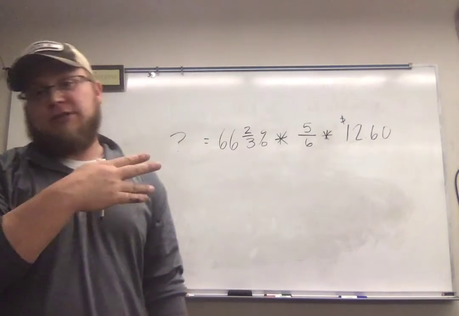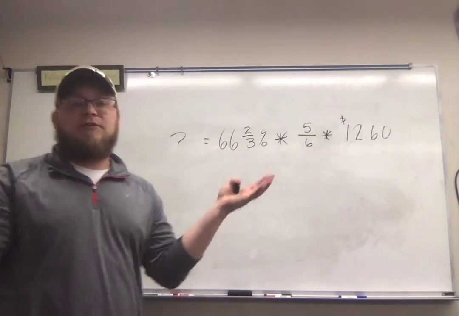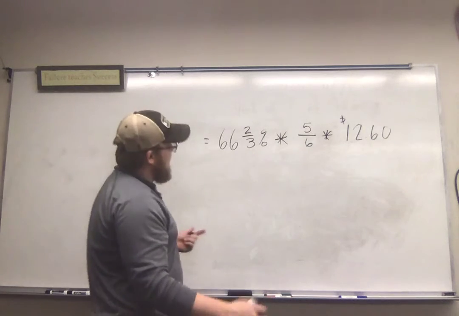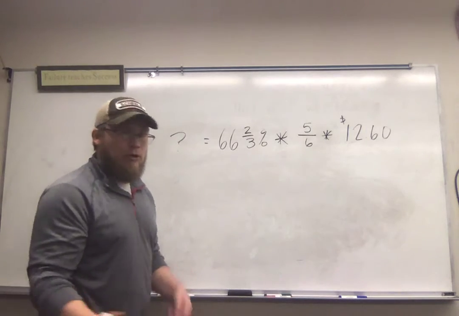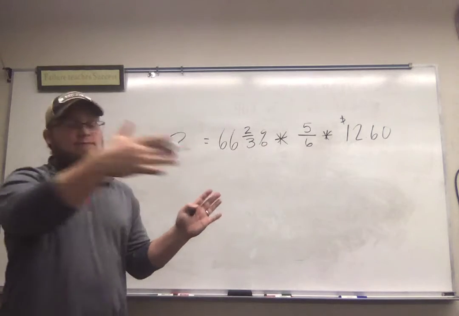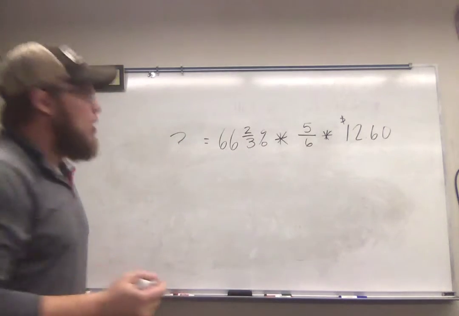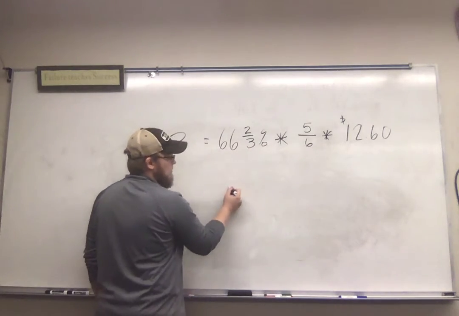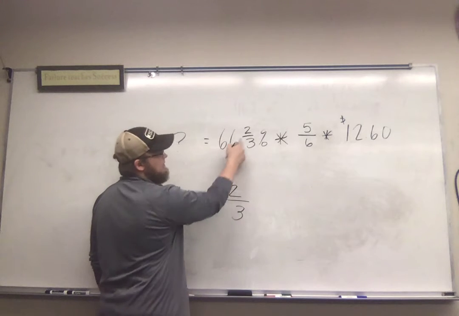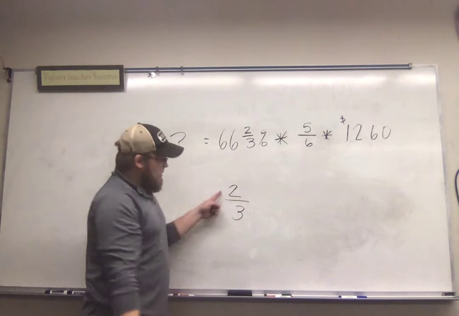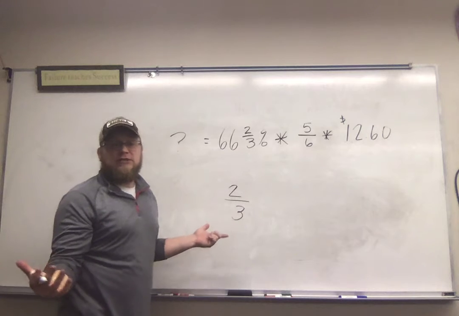There's a million sixes after it. In order to make that more accurate, so we don't have to write 0.6 20,000 times, we're just going to leave it as a fraction. What fraction is 66 2/3%? Well, it's actually just 2/3. That's the fraction it's for.